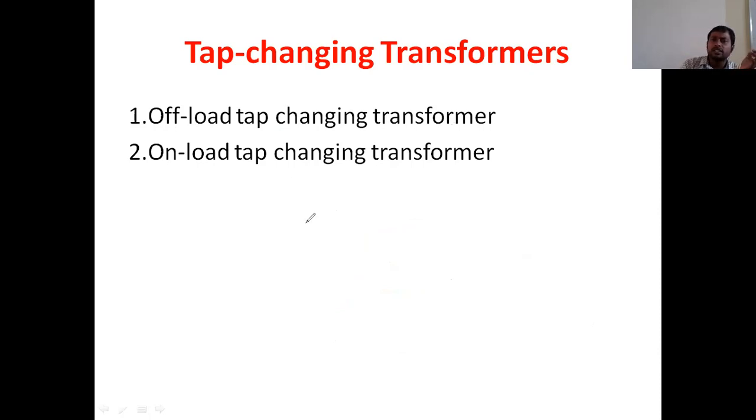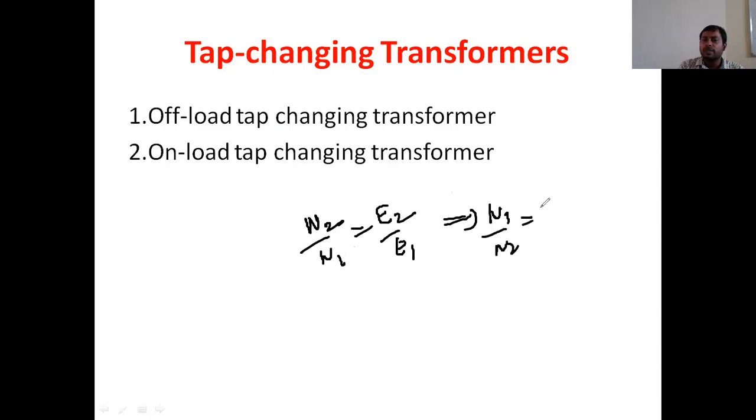As we all know, N2 by N1 is equal to E2 by E1. From this, I'm taking N1 by N2 is equal to E1 by E2. So from this, N1 is equal to N2 into E1 by E2.